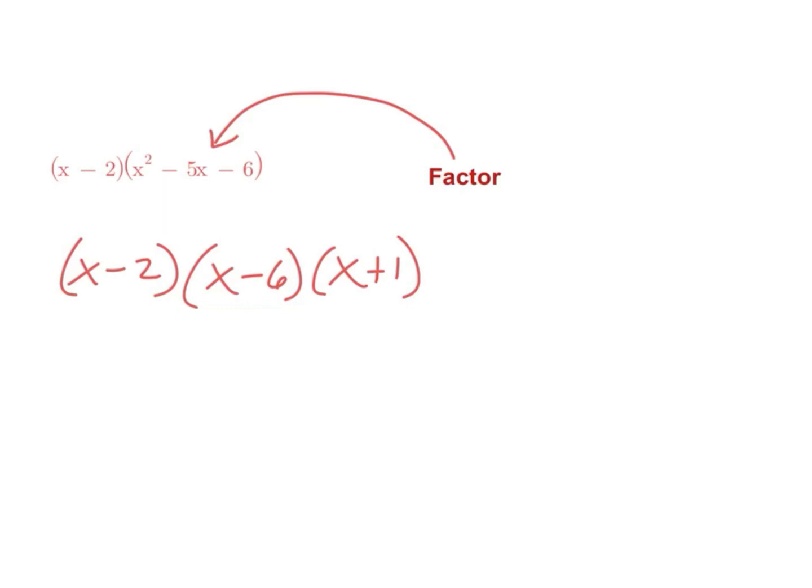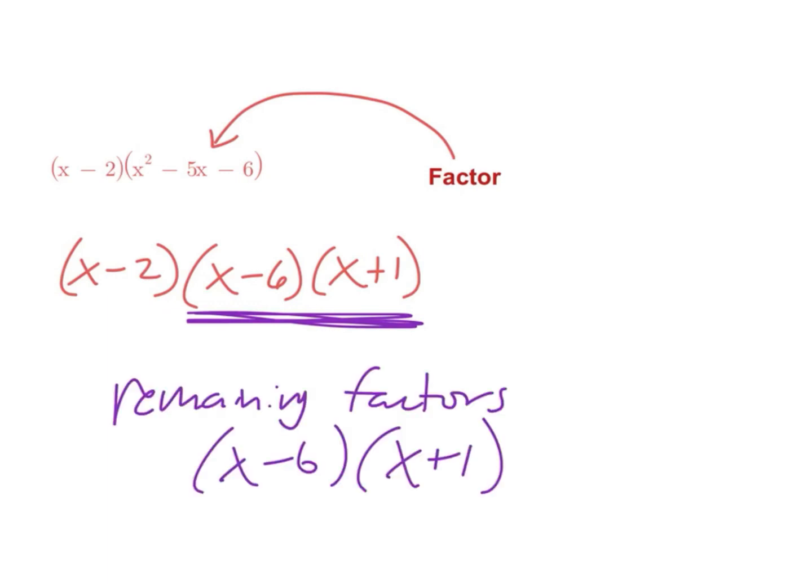Okay? Now, the question said, what are the remaining factors? It didn't say all the factors. Okay, what I've underlined there are the remaining factors because they gave us the first factor. It says, what are the remaining factors? So those are those other two, right? And so my final answer would be something like this for part 2.